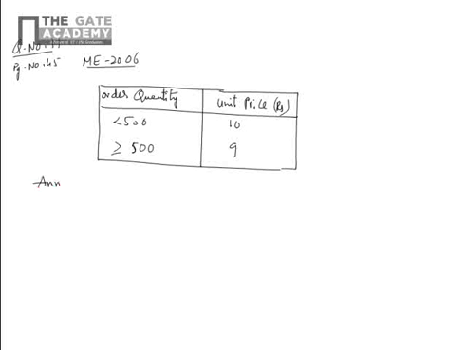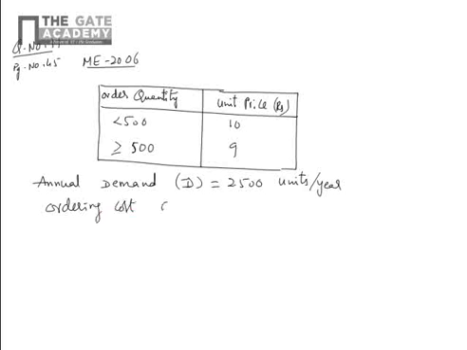Data is given as annual demand D equal to 2500 units per year. Ordering cost C3 is equal to 100 rupees per order.